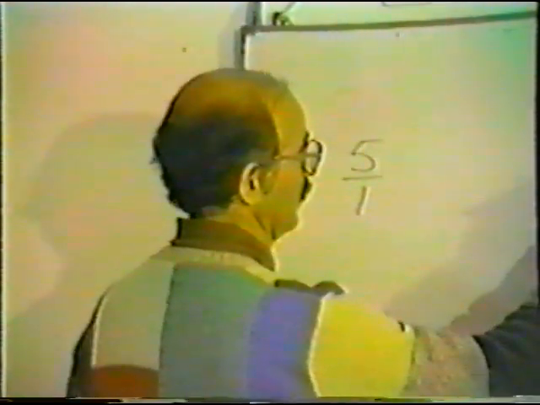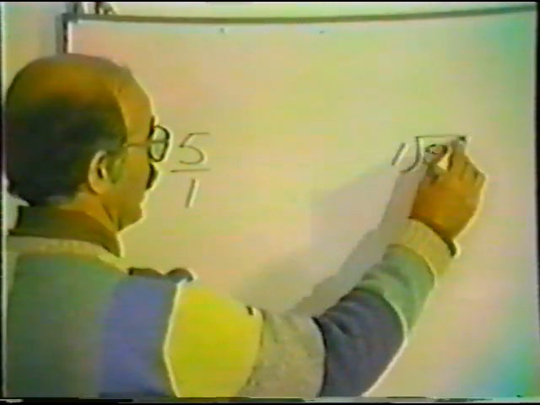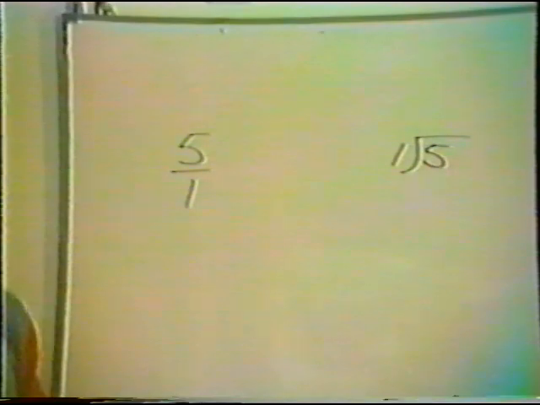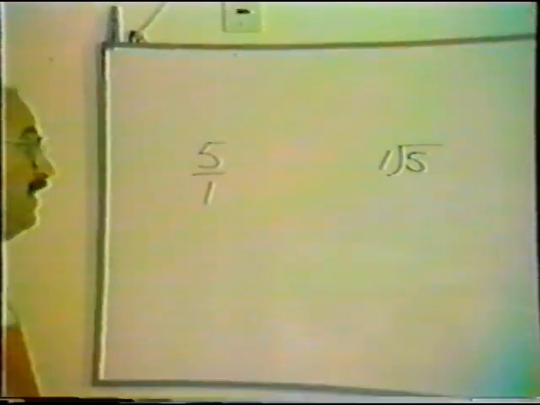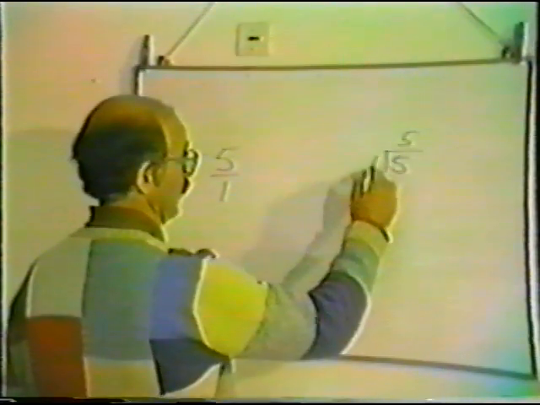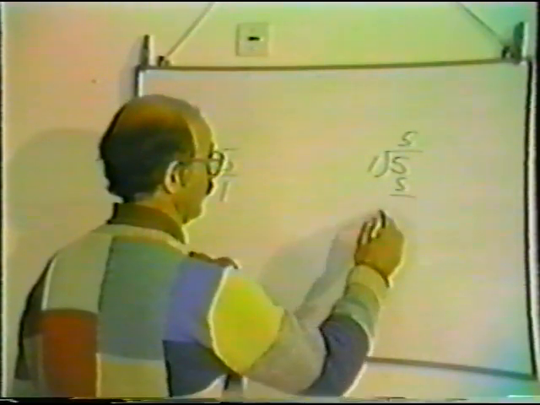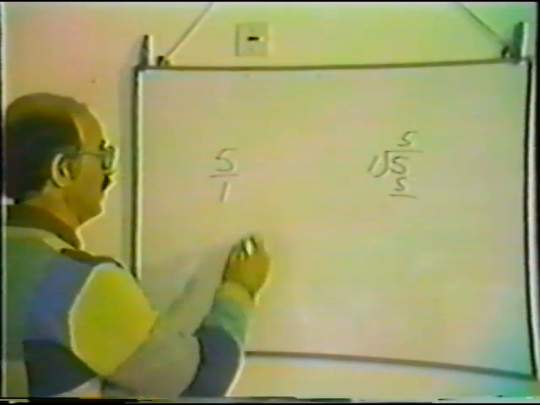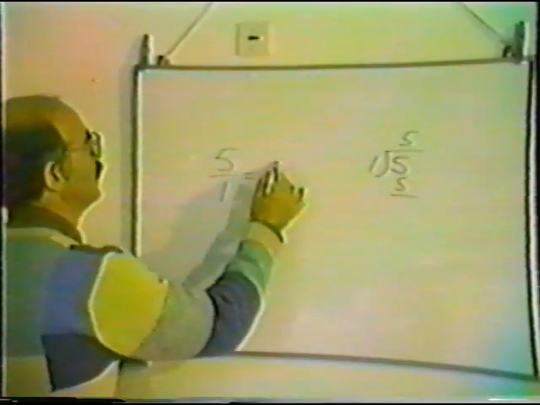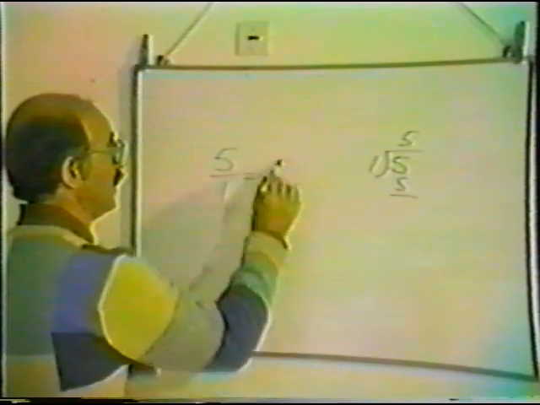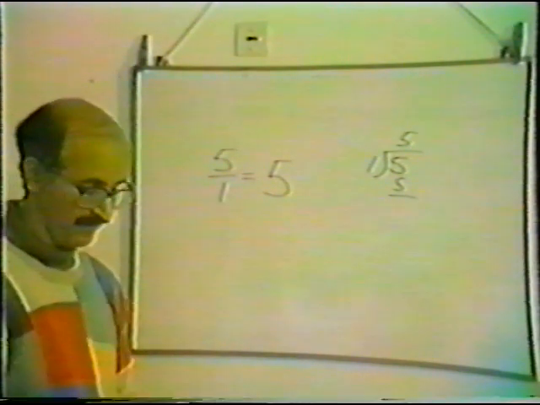Let's do that. How many times does 1 fit into 5? 5 times. 5 times 1 is 5, with nothing left over. So 5 over 1 is the same thing as 5.